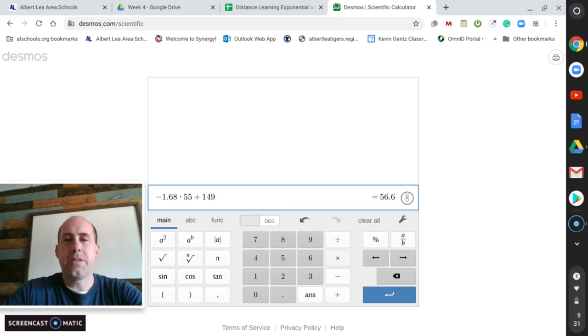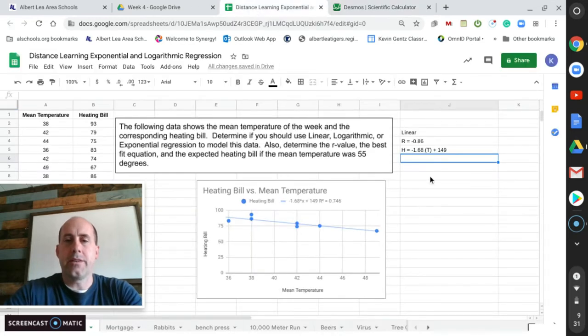And we've got 56.6 as the result. So if I go back over here, heating bill is equal to $56.6.